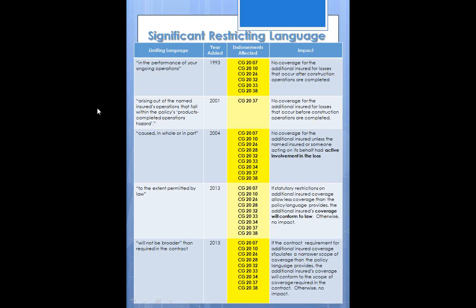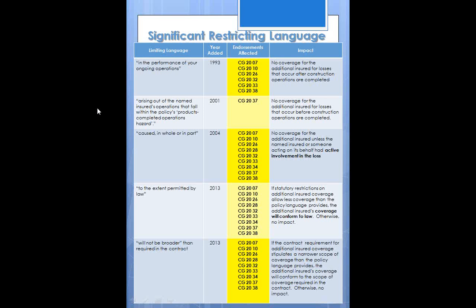That edition, as you can see here, went even a little further to say that if the state statute and its state case law in that particular state will not allow the named insured, let's say the contractor or the vendor, to accept the sole negligence of the property owner, which many states do not allow, they will not let the contractor accept the sole negligence of the property owner, then the coverage basically says that if that's what the state law says at the time that a claim occurs, then we will not provide any coverage any broader than what the law allows.